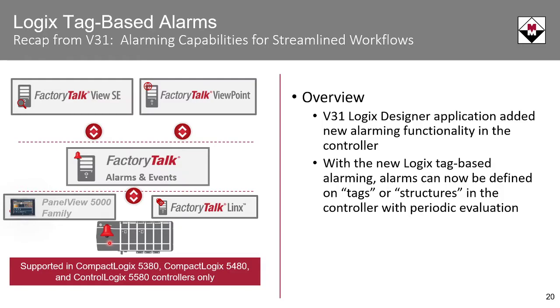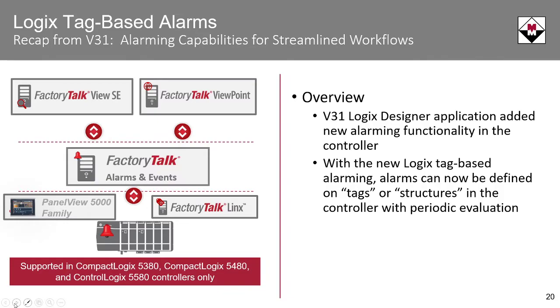Newly configured alarms are defined on tags with a periodic evaluation rate. Currently, the lowest rate you can go is 500 milliseconds, but that will soon change. This simplifies workflows inside of Studio 5000 and eliminates extra steps and potential for mismatches.